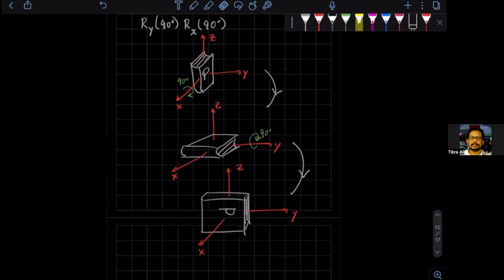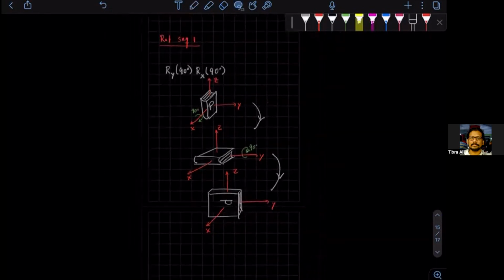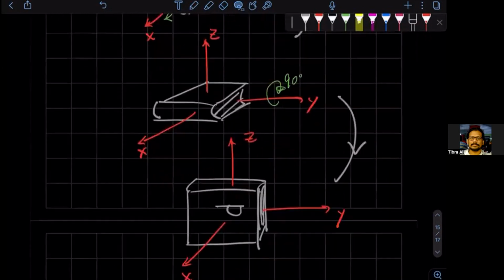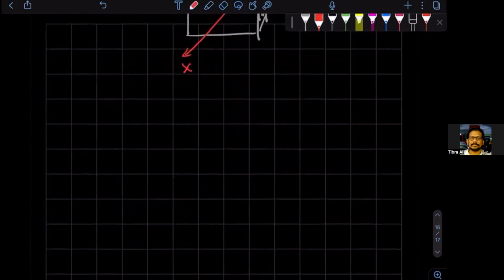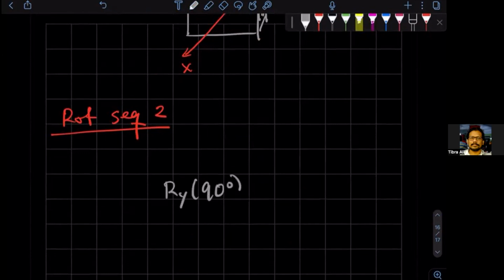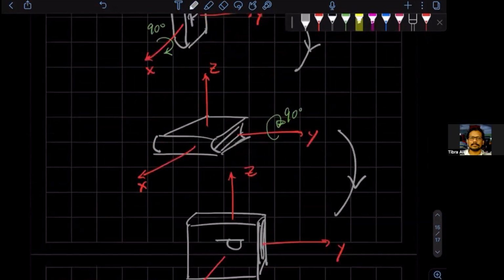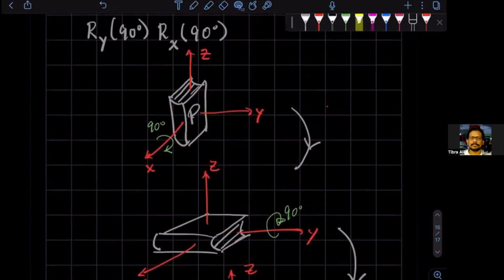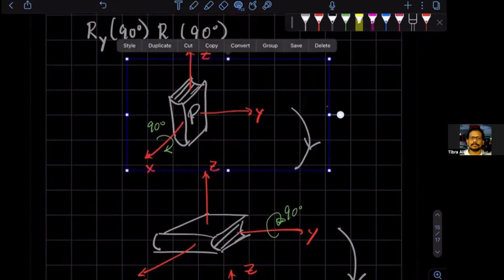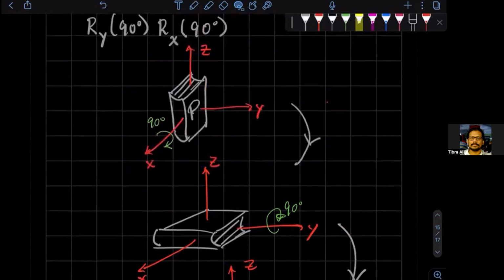But now let's look at a different rotation sequence. Let's call it rotation sequence 2, where first I do the rotation around the y-axis by 90 degrees, and then rotation around the x-axis by 90 degrees. Okay? So I start with the same configuration as before.